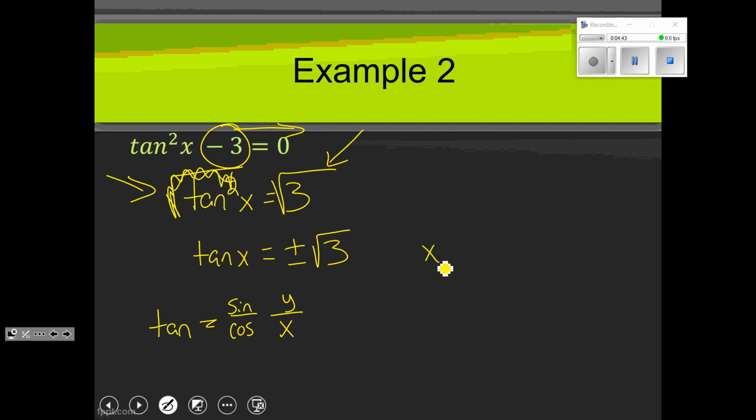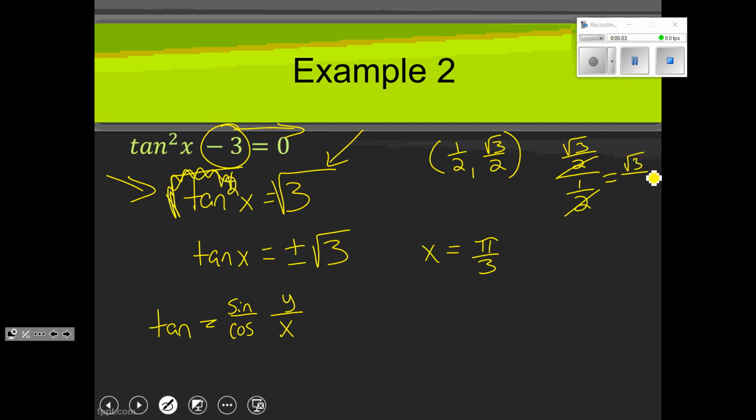The first one I see would be pi over 3. I'm going to show you because that coordinate is 1/2 and square root of 3 over 2. So I'm going to divide square root of 3 over 2 by 1 over 2. The 2's cancel, and I get square root of 3 over 1, or just square root of 3. So that would work.